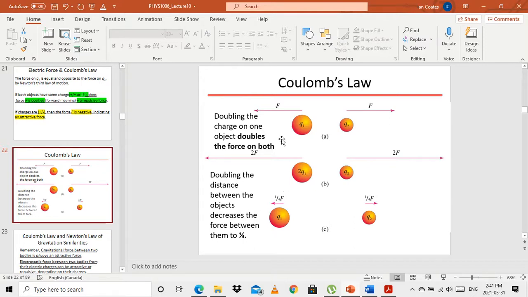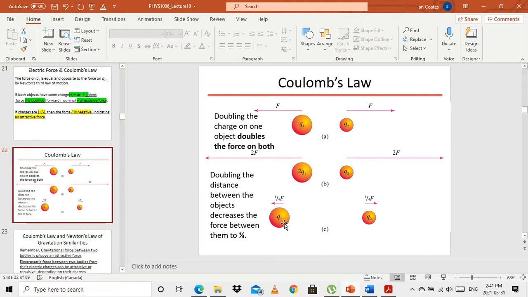But have a look here. Here I have 2 charges, whatever they are, doesn't matter. If I double the charge on one of these, now I have doubled the force on both. It works the same way as gravitational force did in week 5 or 4, whenever it was.